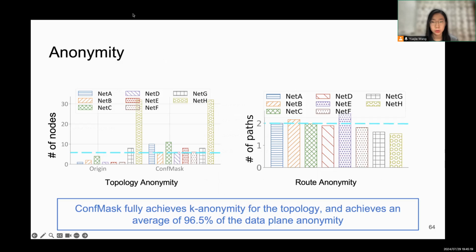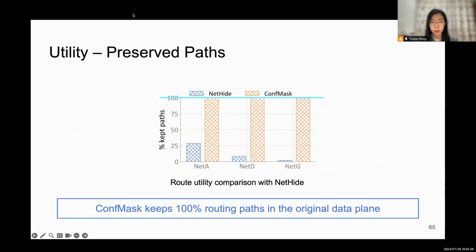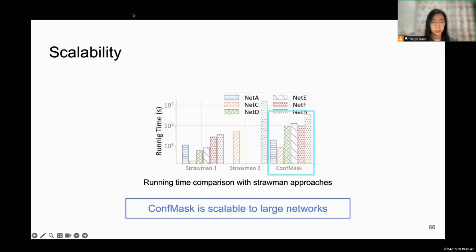And the second figure shows that under our evaluation setup, ConfMask achieves an average of 96.5% of the expected route anonymity. Our evaluation also confirms that ConfMask can 100% preserve the utility properties we defined. Compared with previous approaches on data plane obfuscation, we believe ConfMask significantly improves the usability of the anonymized configurations.